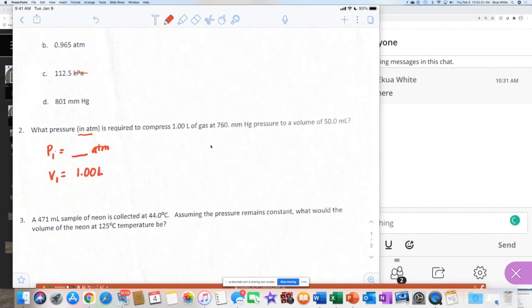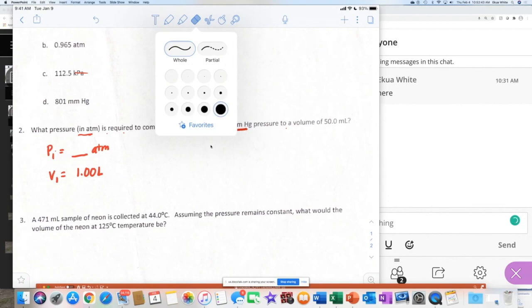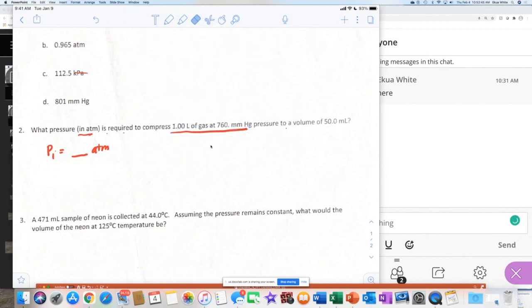This is what I'm talking about, this kind of question, right? What pressure in atmosphere is required to compress 1 liter of gas at 760 to a volume of 50 milliliters. The way this question is written, you have to read the whole question.